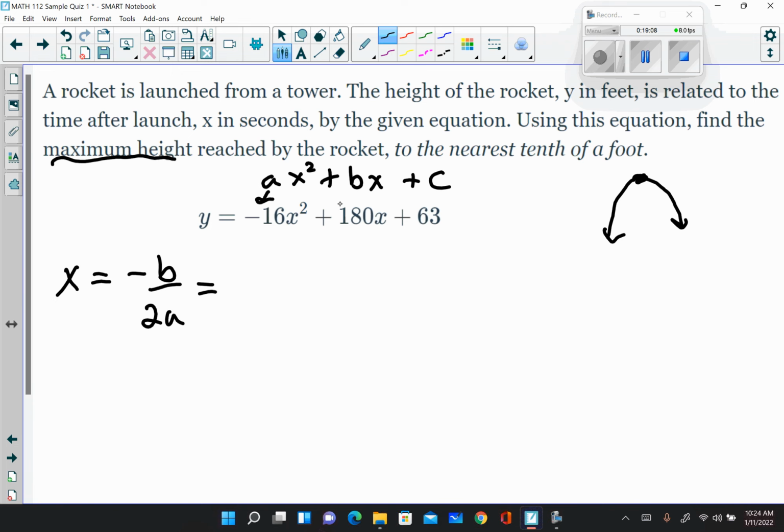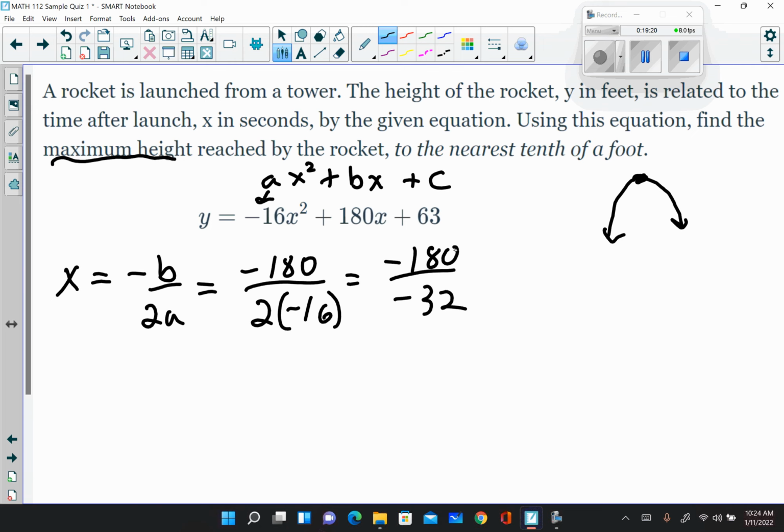In this case, negative b would be negative 180 over 2 times a. A is negative 16. That's negative 180 over negative 32. A negative divided by a negative is a positive. So this is positive 5.625.